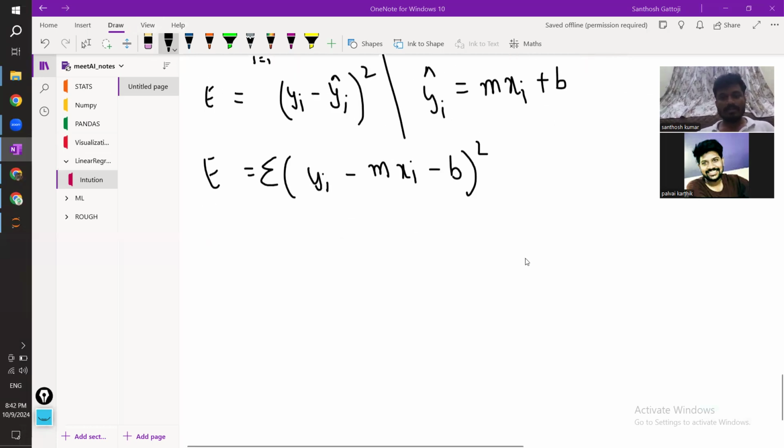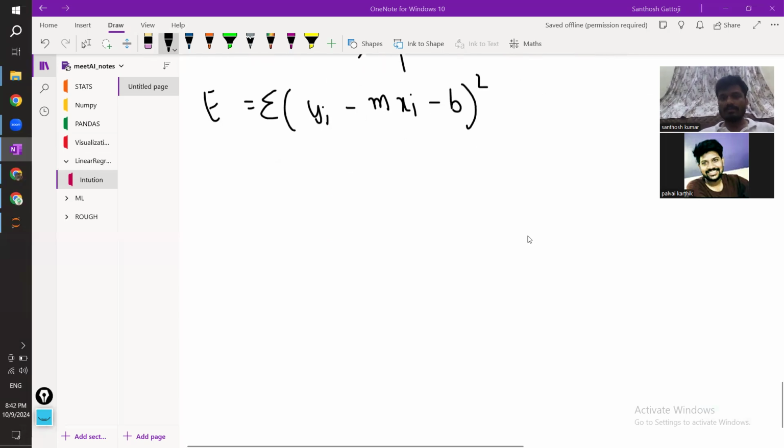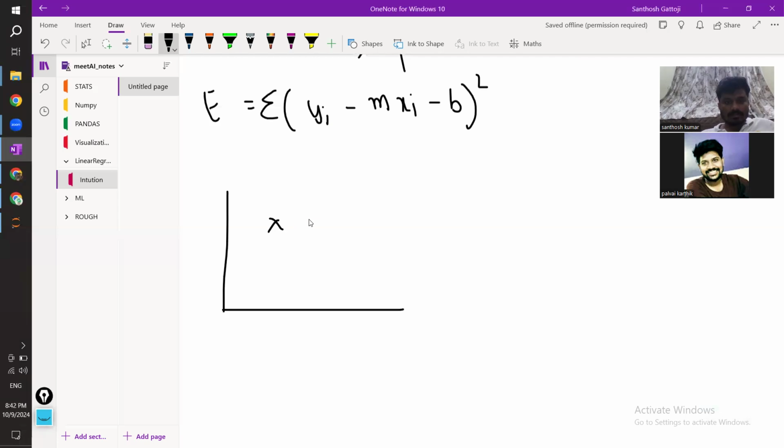Now we can easily find this, but before that, let's try to understand what happens. I'll tell you the effect of this m and b on the error. For example, let's say these are some data points, and over here let's consider individual m and b.